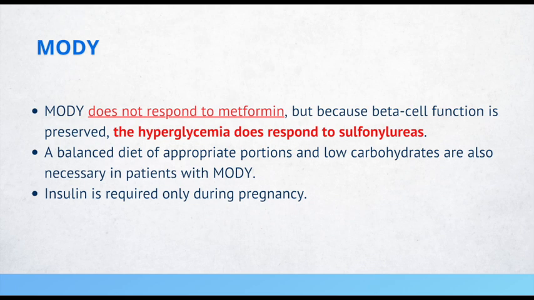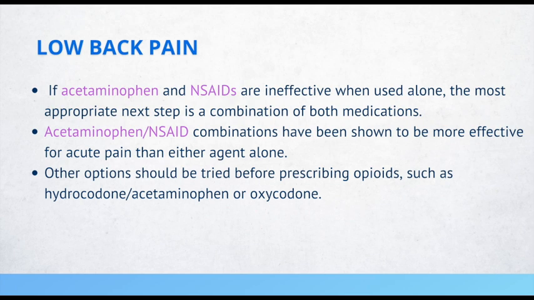Low back pain. If acetaminophen and NSAIDs are ineffective when used alone, the most appropriate next step is a combination of both medications. Acetaminophen and NSAID combinations have been shown to be more effective for acute pain than either agent alone.